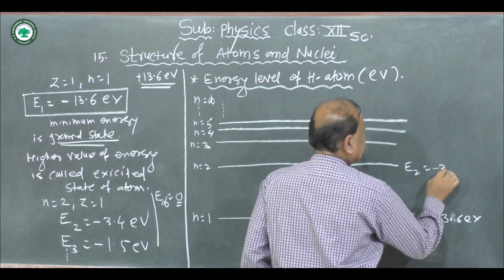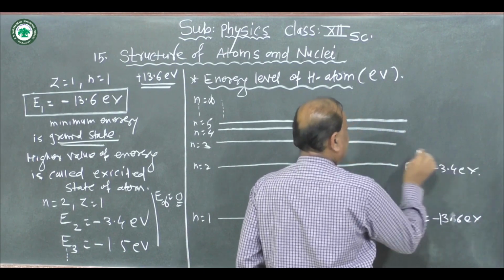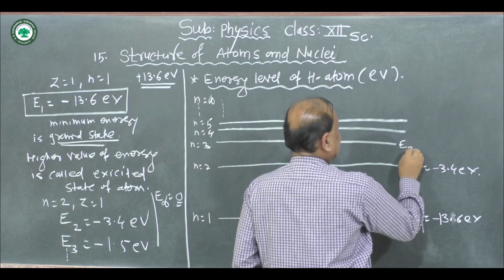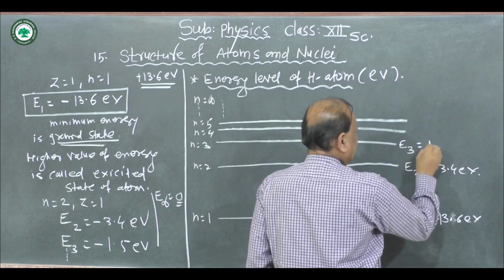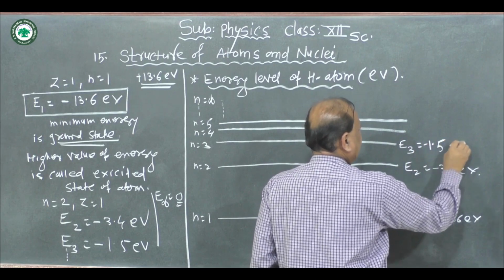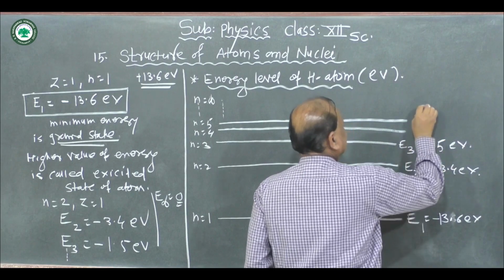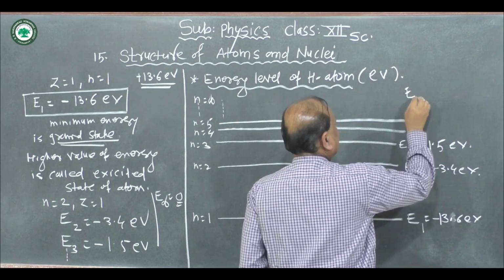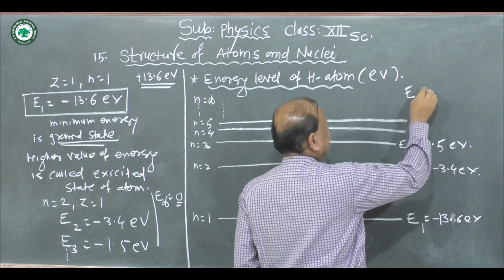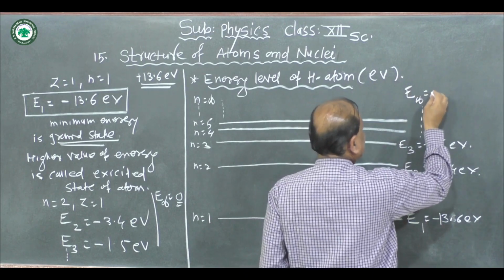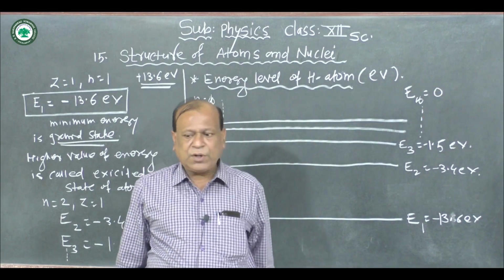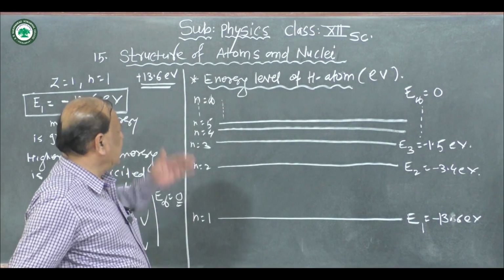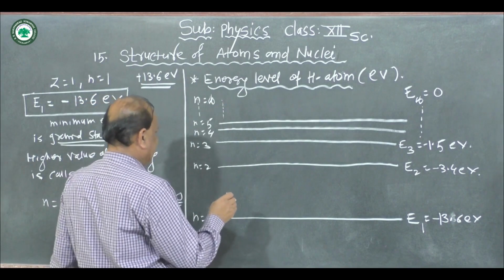This is minus 3.4 eV. This E3 is equal to minus 1.5 eV, and so on, and the energy E infinity for the outer orbit comes to be 0.